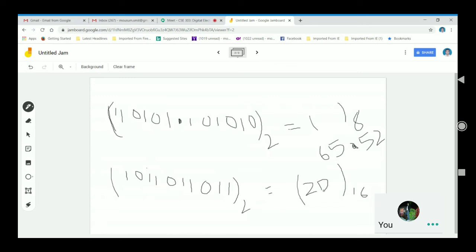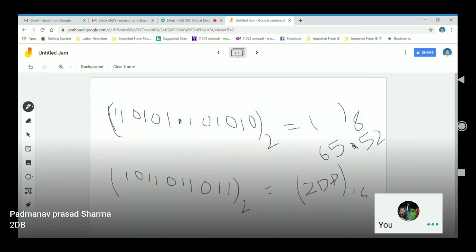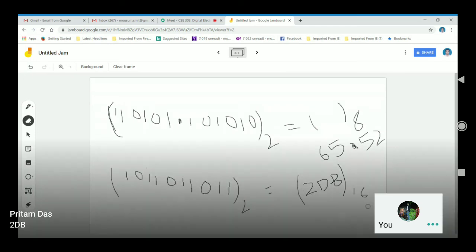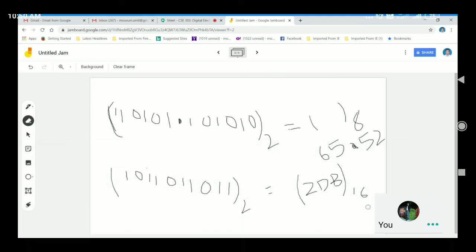Is it correct? 2DB. Yes, this one is correct. 2DB is the correct answer.